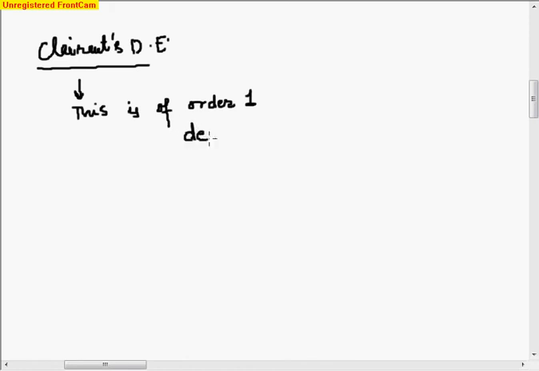Degree can be anything. Degree can be more than 1. Of course, it can be 1. Till now, we did all the problems, all the methods for degree 1 differential equations. Now, degree can be more than 1.